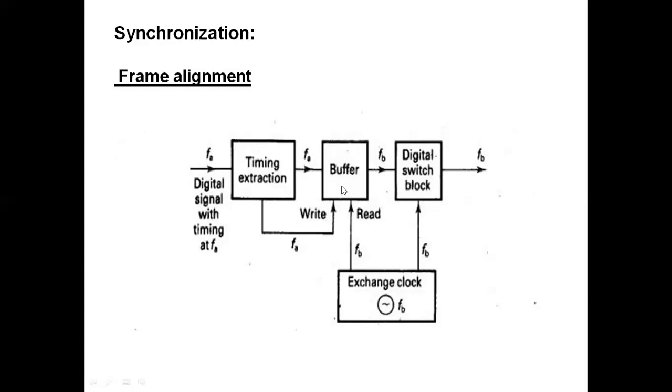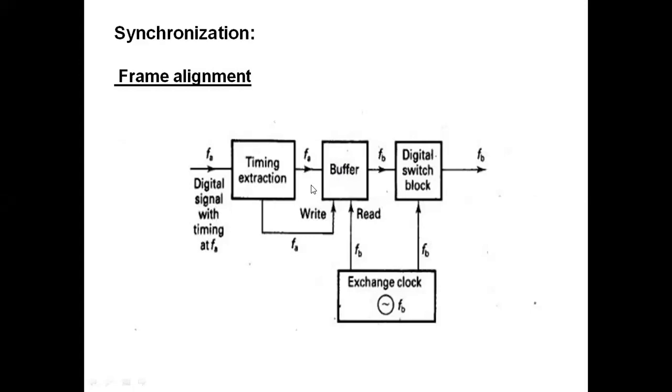By measuring the difference between these two, the level at which the buffer stores the incoming PCM highway is controlled, which in turn controls the rate at which it can be transmitted towards the exchange. This somehow controls the frame alignment.